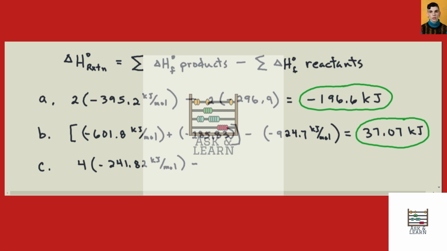Hydrogen, again, is the element, so its heat of formation is 0. So I only need to worry about the N2O4. There is only 1 of those, and it is 9.66. Again, these values are all coming from Table C. The answer is negative 957.62.